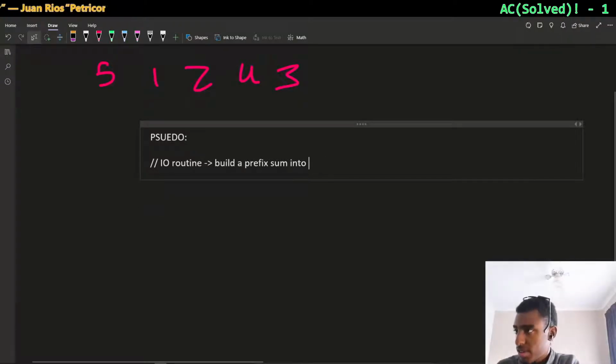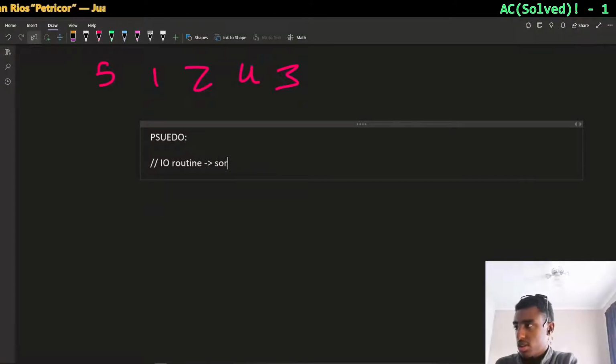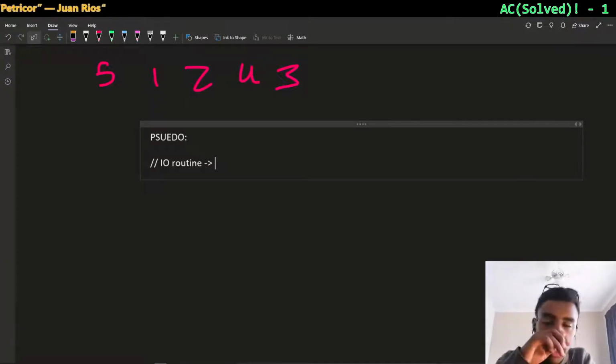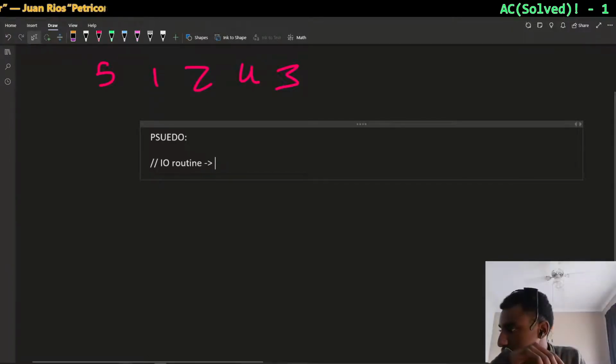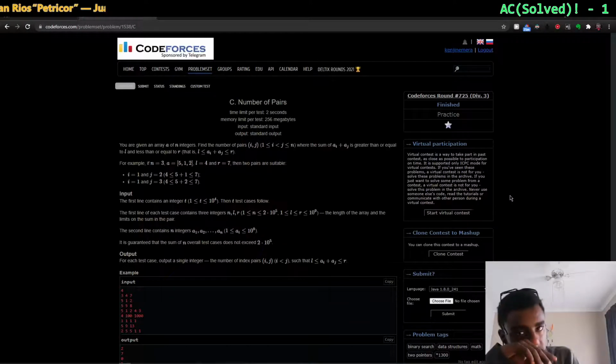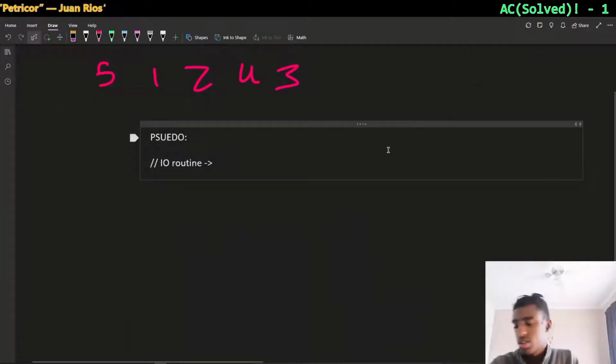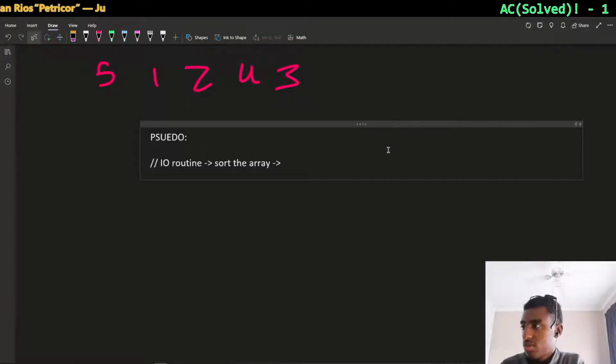So that, not a prefix sum, but how are we gonna? Wait, is it 2 seconds? Okay, it's 2 seconds at least. But I don't see how we're gonna sort 10,000 arrays that possibly have a billion elements in it in less than 2 seconds.